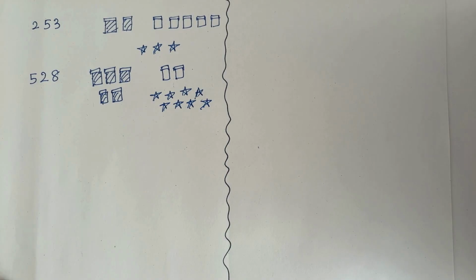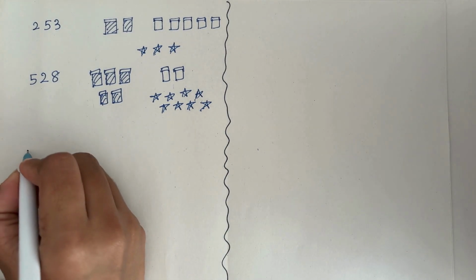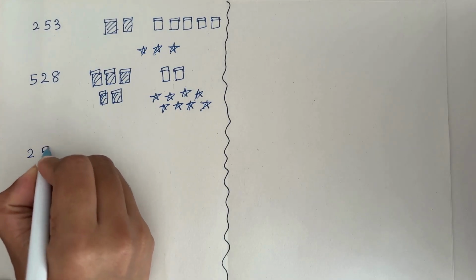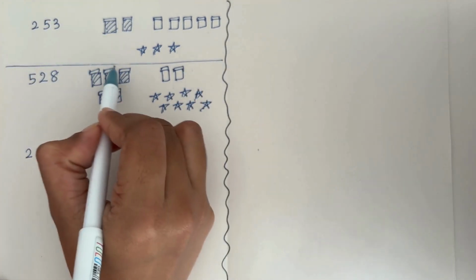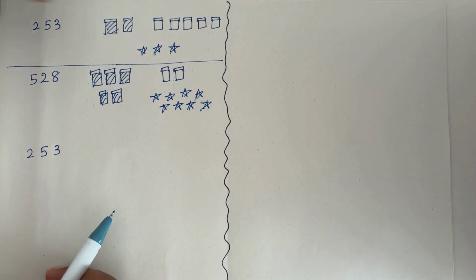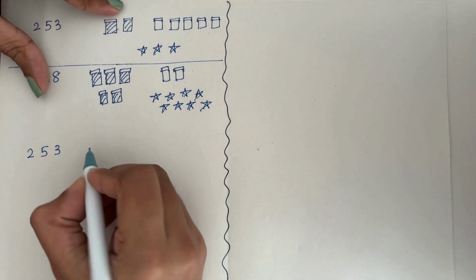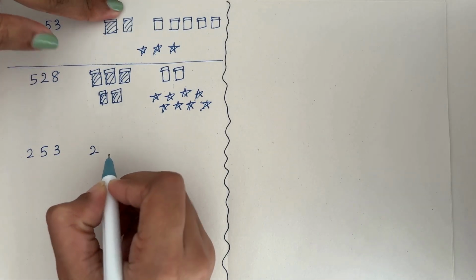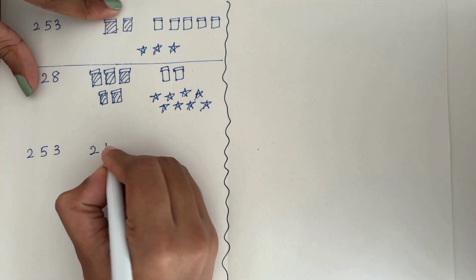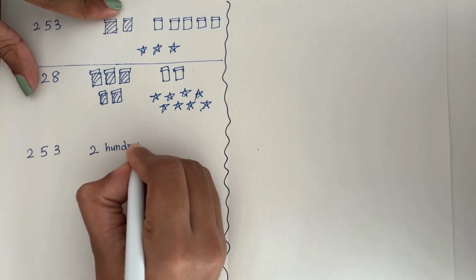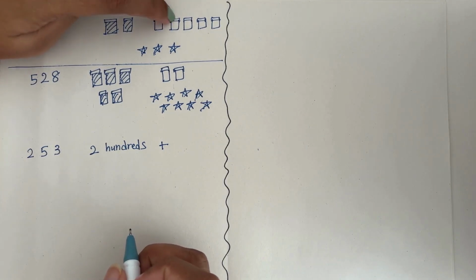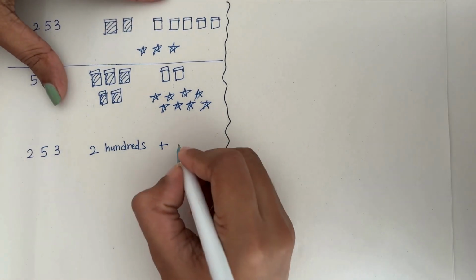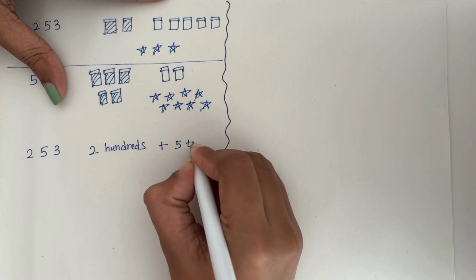Right? Yes. Okay, now tell me, what does this actually mean? Let's consider this one. Here we have 200 boxes. That means 2 hundreds, plus we have 1, 2, 3, 4, 5, 5 tens.